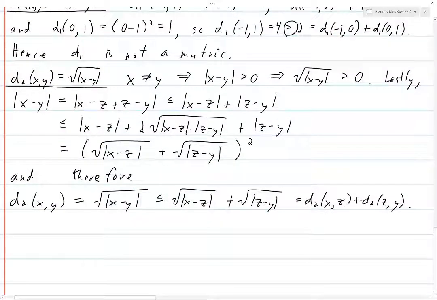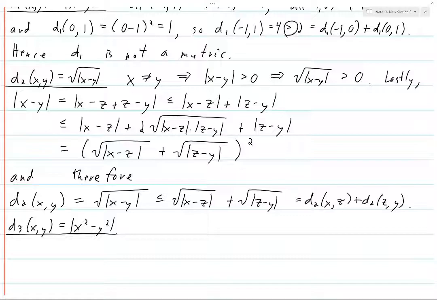So now we move on to D3, and D3 of xy is the norm of x squared minus y squared. Let's see here. So it's obvious that if x equals y, then this is 0. If x is not equal to y, then x squared is not equal to... Interesting.